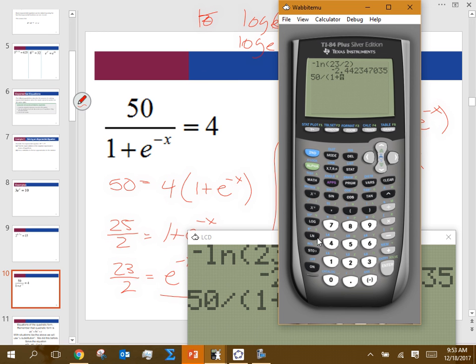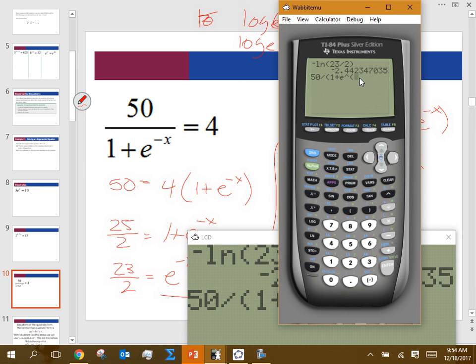Now, there are two places, guys, and I didn't realize this until the beginning of class because I never use it. There's an e over here on your division sign, but there's also an e raised to the x over here on your ln. I always use that one, because it automatically opens a parenthesis for me, and I'm always going to need that.